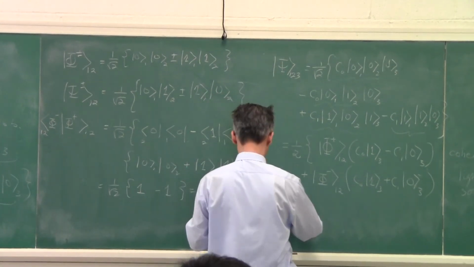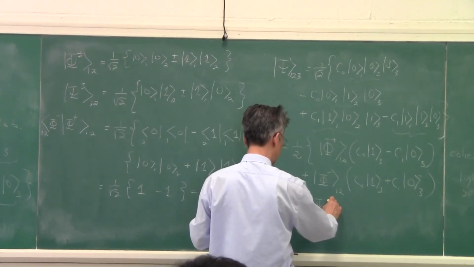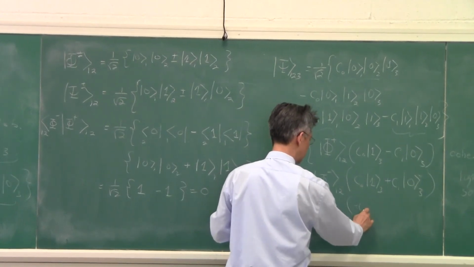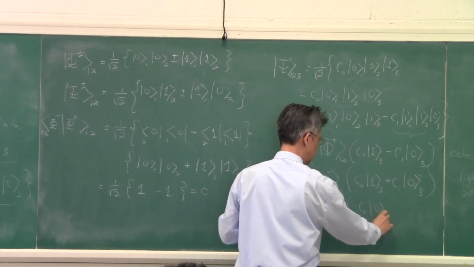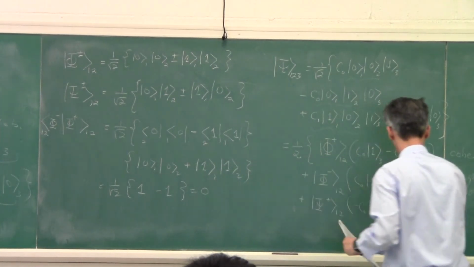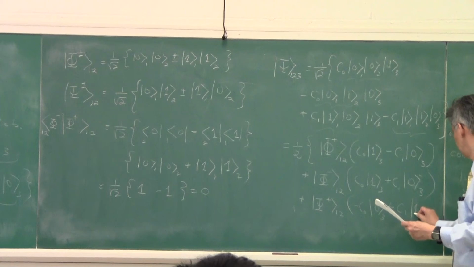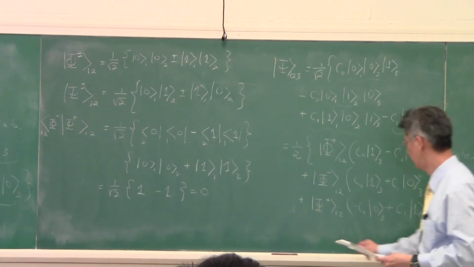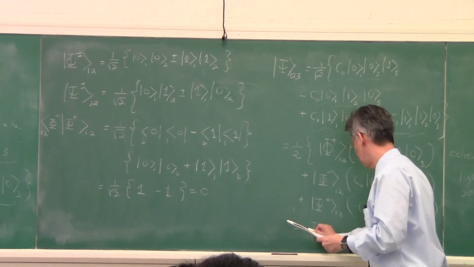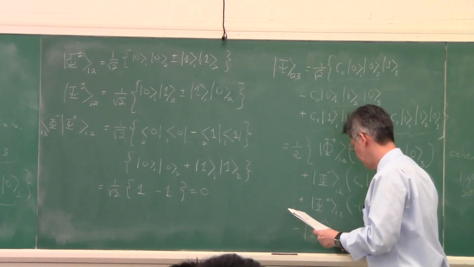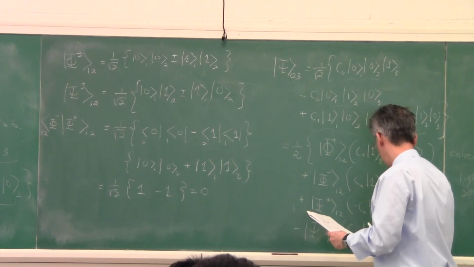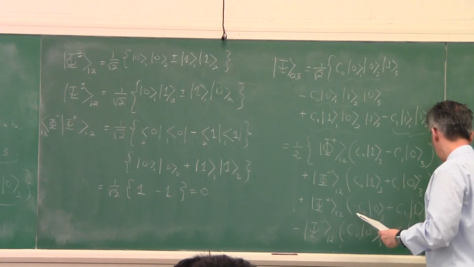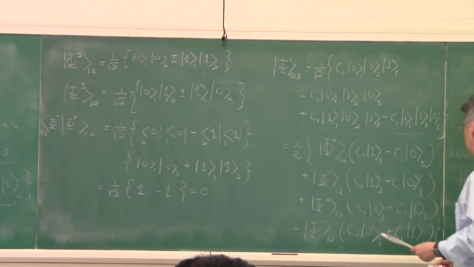Then you keep projecting and finding the other ones: psi plus 1,2 with C0,0,3 plus C1,1,3, and then the fourth one will be minus psi 1,2 with C0,0,3 plus C1,1,3.